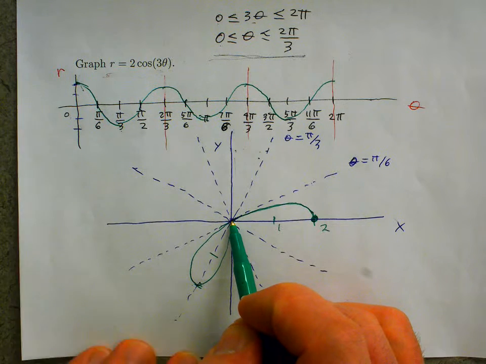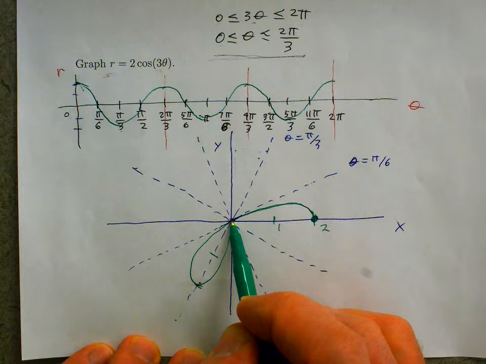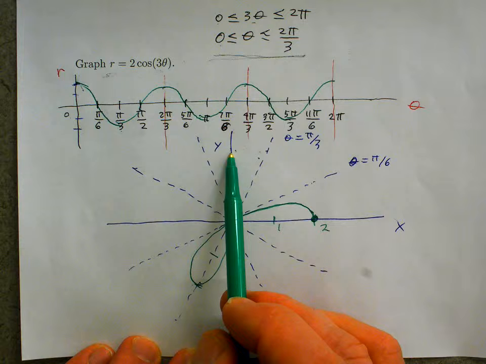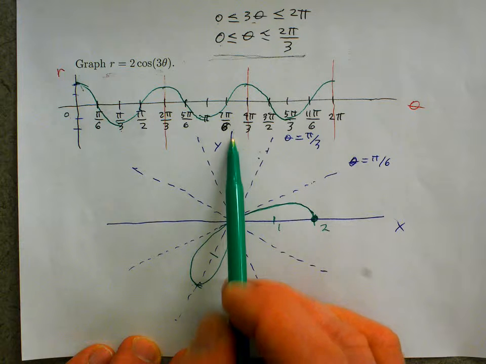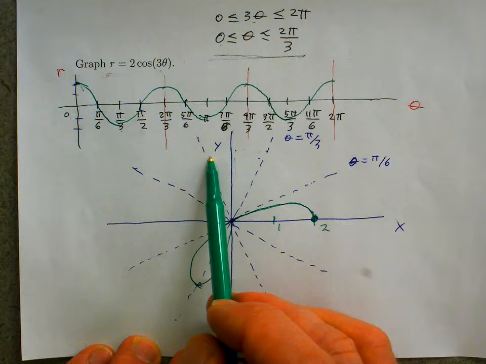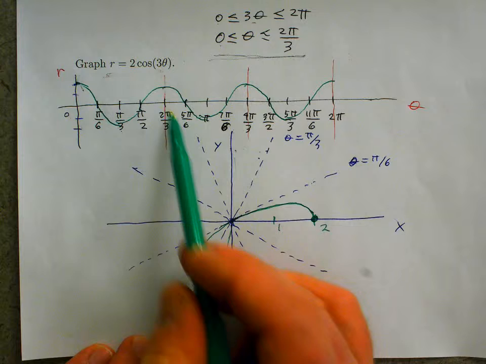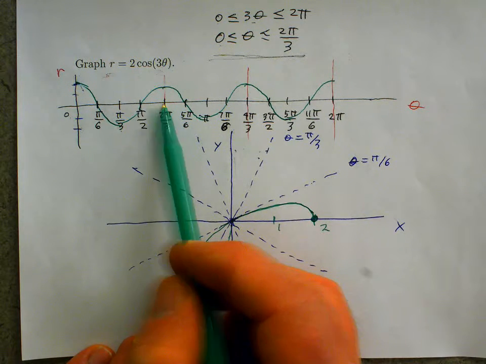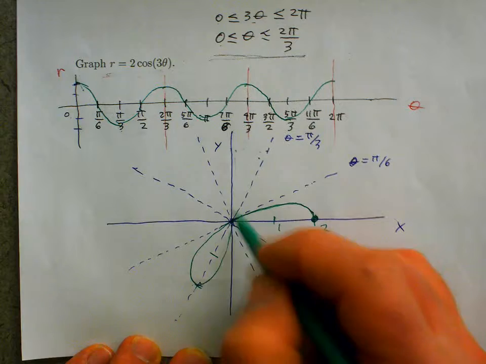Okay, now what? Well, the next interval is from pi over 2 to 2 pi over 3. So that's between the y-axis and this dashed line. From pi over 2 to 2 pi over 3, the r values are positive.